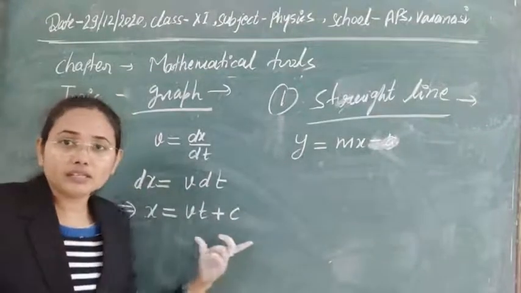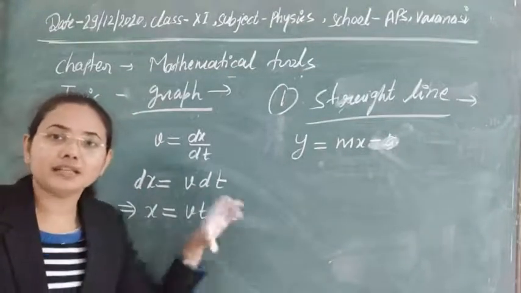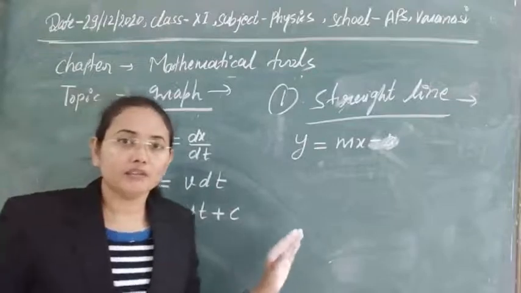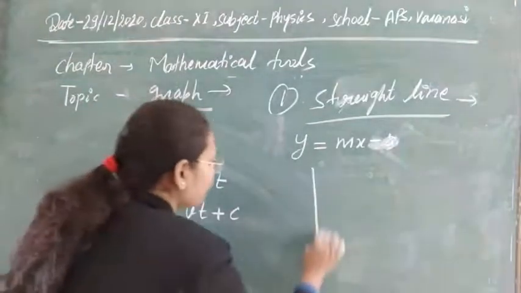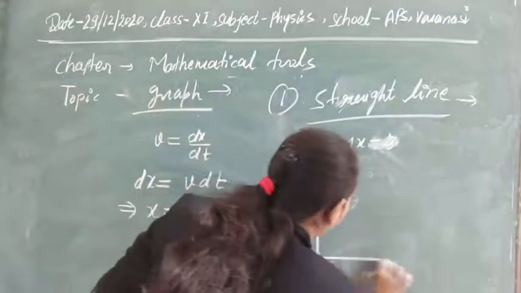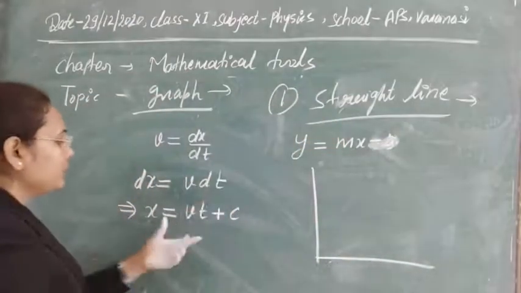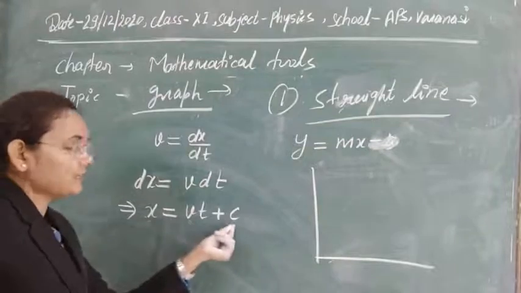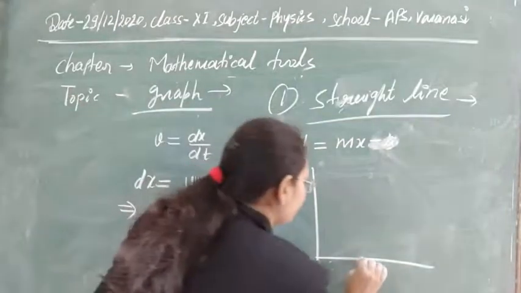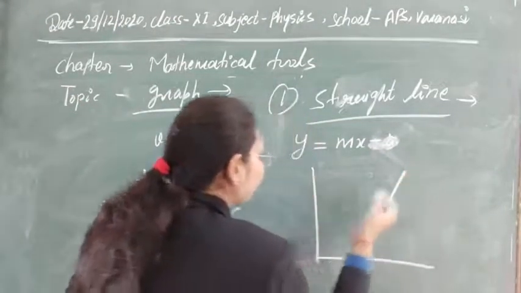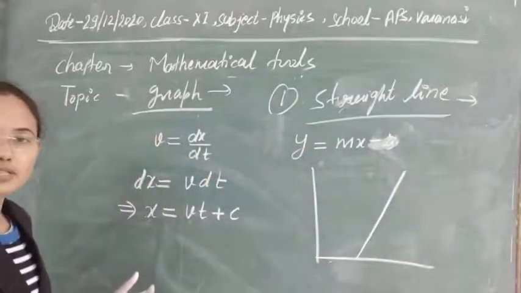So we are seeing that this formula is the same as the one we get for the straight line. If you have to plot the graph for this, you will get intercepts here, and such types of graphs.